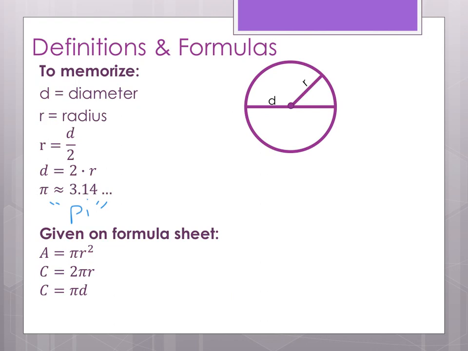Now, these down here are the formulas that will be given to you for your final exam. A here is area, and we know that area is the inside of a shape. So if we were to shade a circle in, that would be the area. And C is circumference.